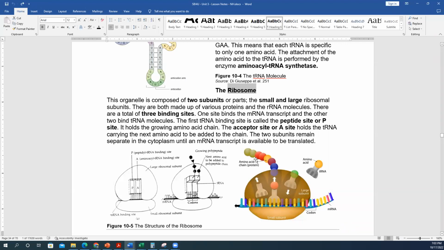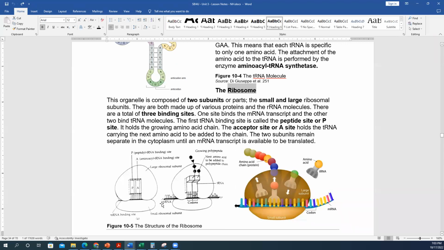So on the ribosome, you have 3 different binding sites that are shown here. One site is a site that binds the mRNA transcript.